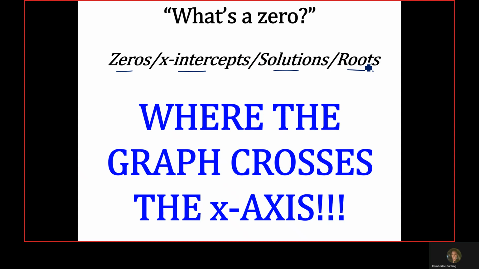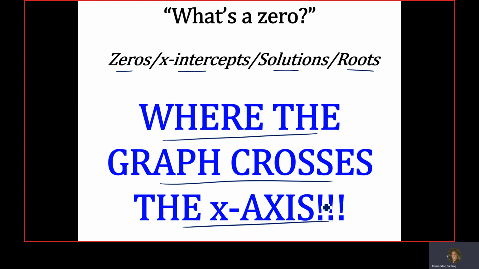When you're asked to find the zero of a function, you're literally figuring out where it crosses the x-axis. Please write this down.